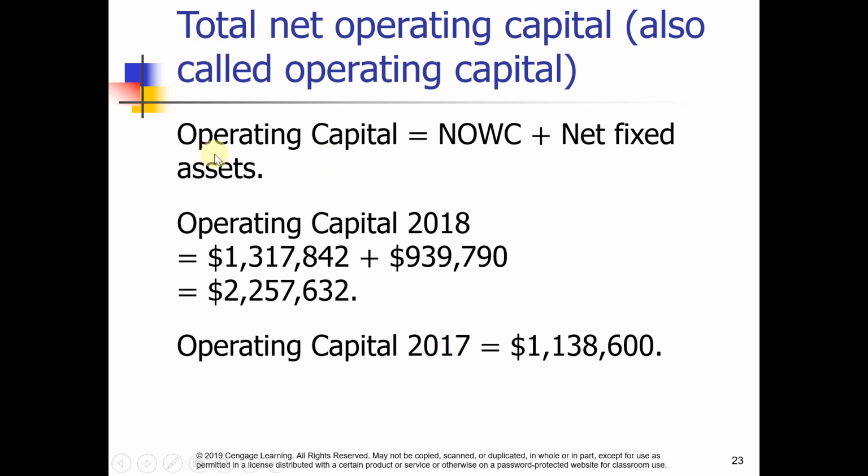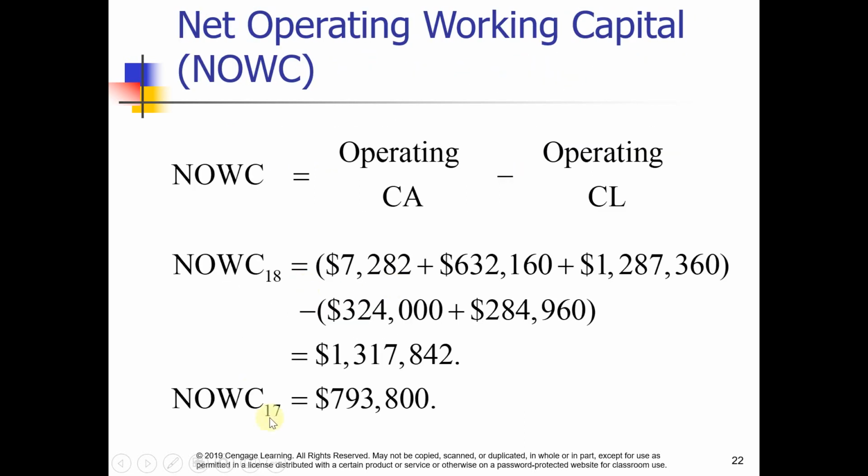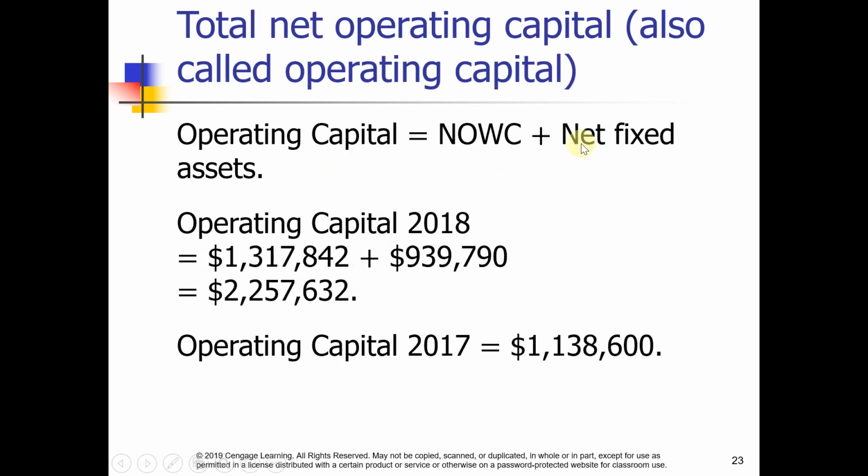So operating capital is not only operating working capital. Operating capital includes both net operating working capital and net fixed assets, right? The operating capital in 2018 is net operating working capital plus the amount of fixed assets in the balance sheet.